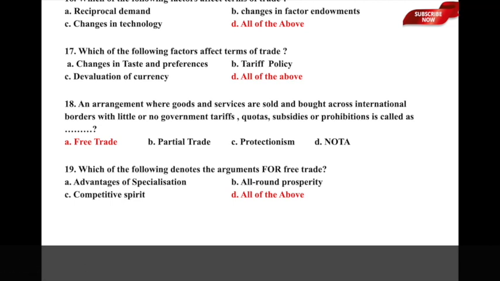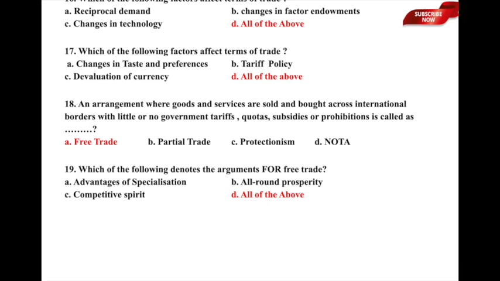What do you call such a thing? Is it A, free trade, B, partial trade, C, protectionism, or D, none of the above? The correct answer is option A, free trade, an arrangement where goods and services are sold and bought across international borders with little or no government prohibitions, and therefore option A, free trade, is the correct answer to this question.